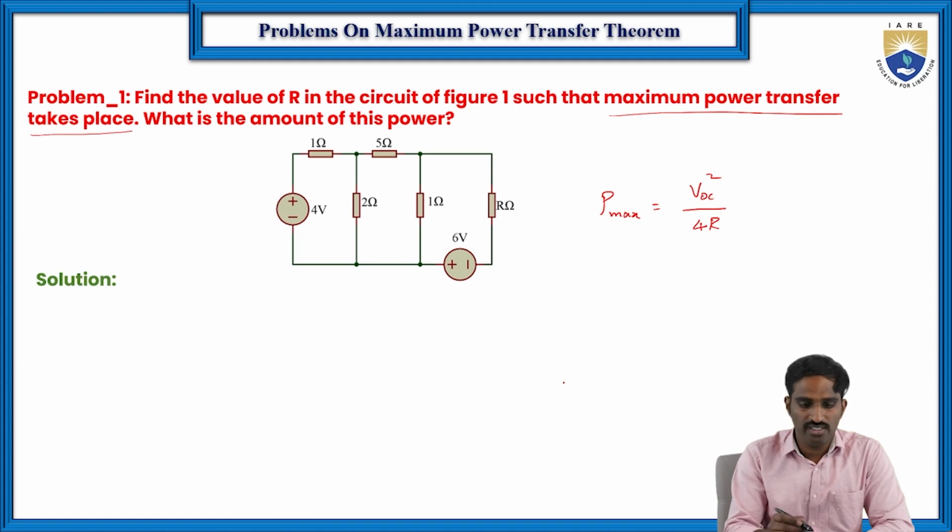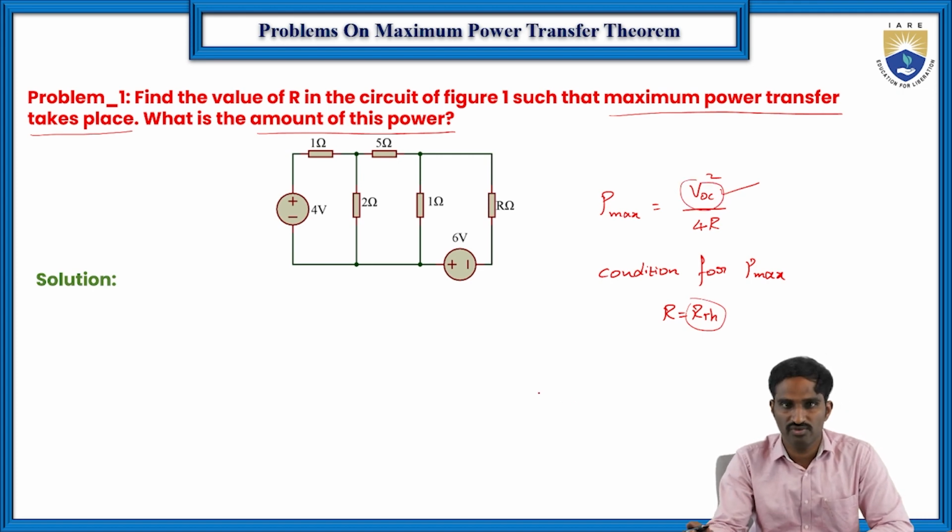So to find the amount of that power, we need to find the VOC also. And the condition for P maximum is R is equal to R Thevenin's. So which means here we need to find the R Thevenin's value and the VOC value.